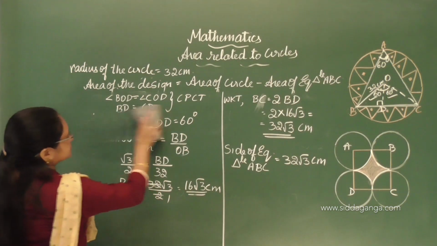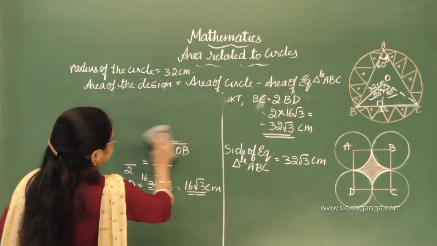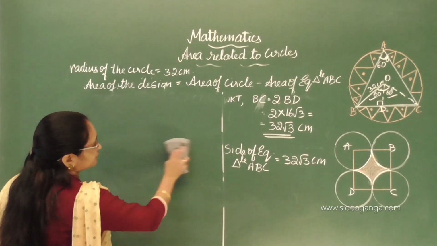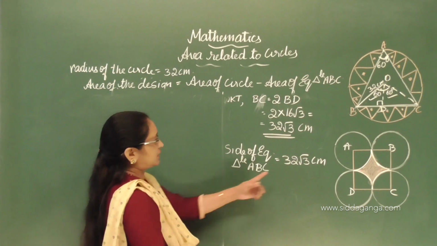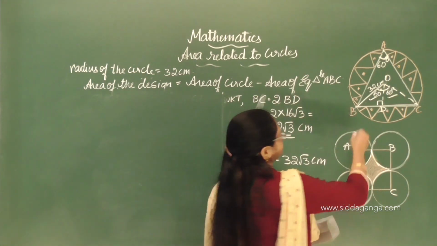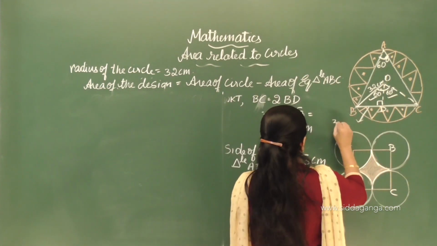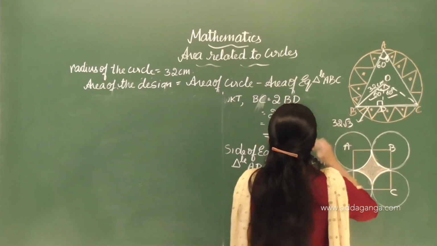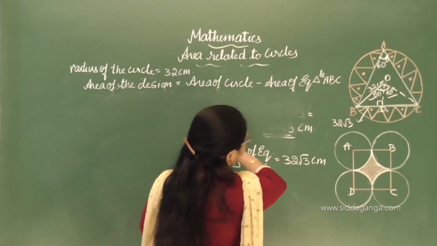So shall I rub this? So what do we have? The equilateral triangle side is how much? I will write it here, 32 root 3. So that I will clear the board.